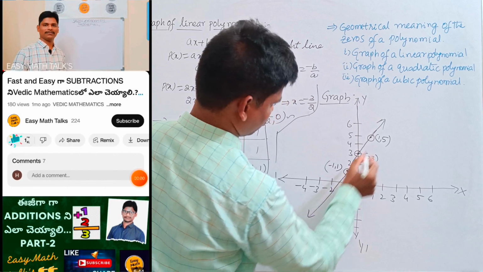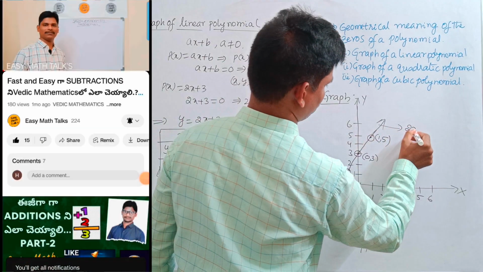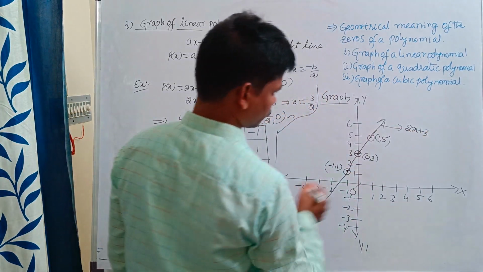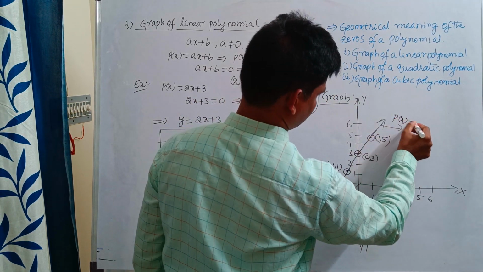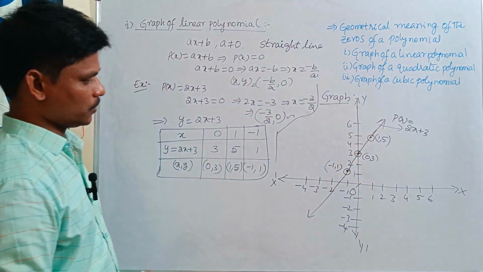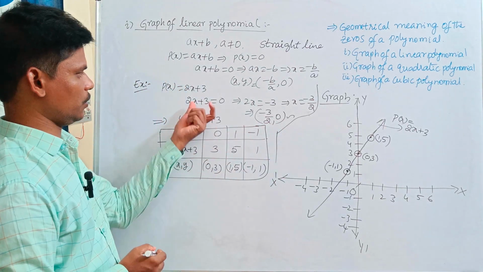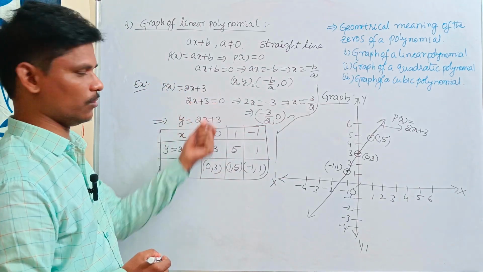This linear polynomial p of x is equal to 2x plus 3 forms a straight line. The point minus 3 by 2 comma 0 is the zero of this polynomial, where 2x plus 3 is equal to 0.